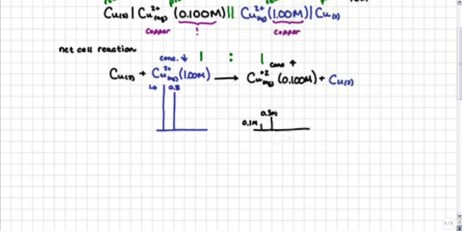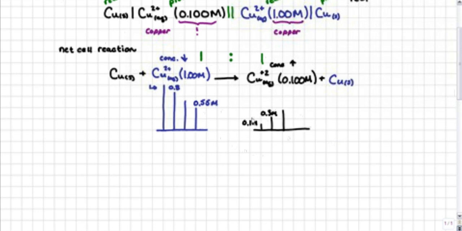Eventually, as these concentrations drop on the left and increase on the right, they will reach a common point, a point where their concentrations are the same. The concentration on the left will be a value of 0.55 molar.